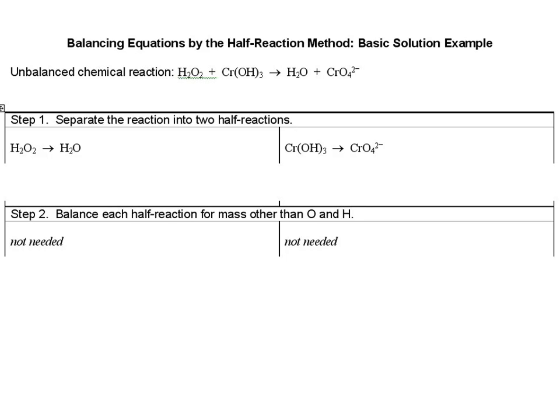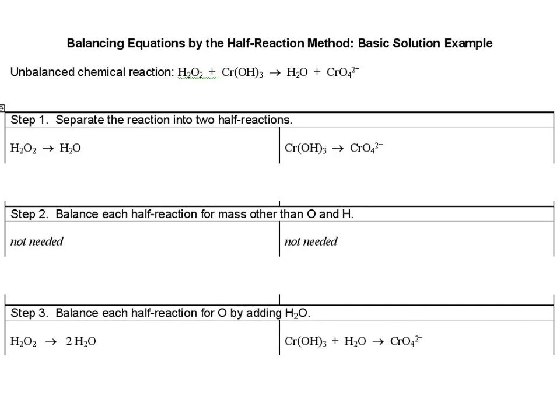Then we're going to fix our oxygen by adding water. So it looks like we need to add 1 water molecule over here. Let's see, 3 oxygens, 4 oxygens. Looks like we need to add 1 water molecule over here. Then we need to go ahead and fix our hydrogens.